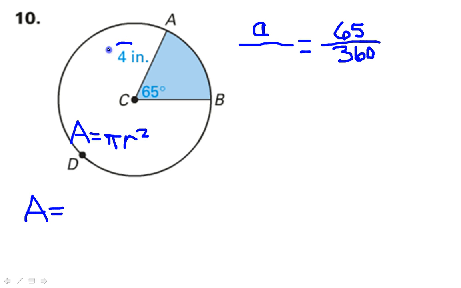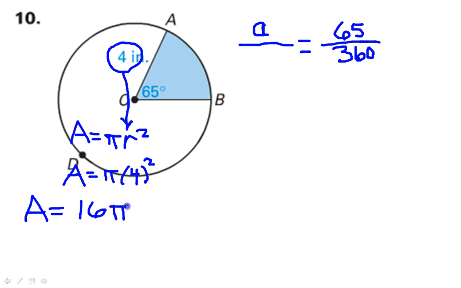Okay? But we're given that the radius is 4, so we can substitute that in. That's going to give us that the area is pi times 4 squared, which we would more comfortably write as 16 pi. Okay? So that is the whole area.